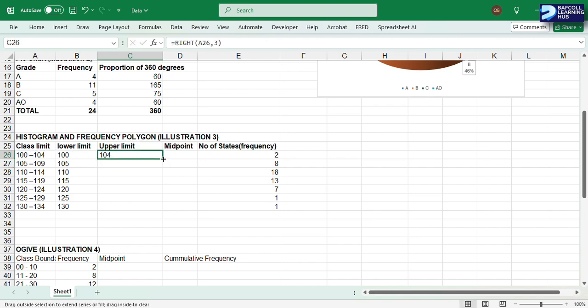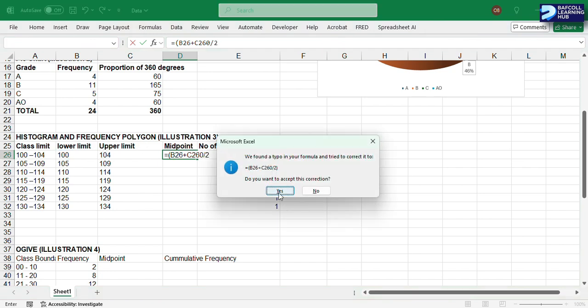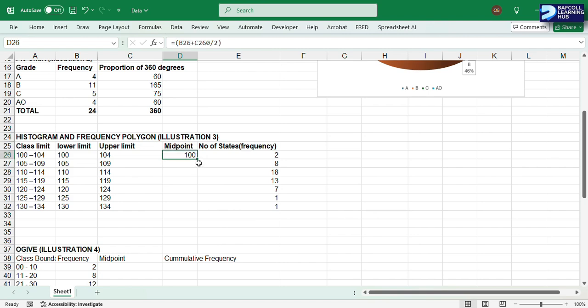Okay, now we know how to compute the midpoint. So the midpoint is the upper limit plus the lower limit divided by 2. Okay, alright, so this gives me my midpoint.